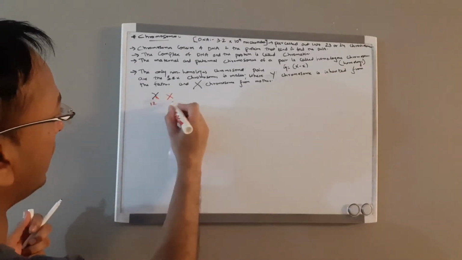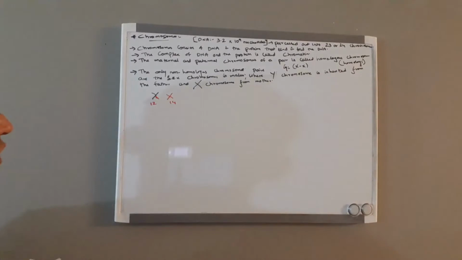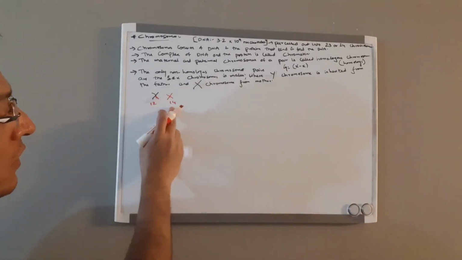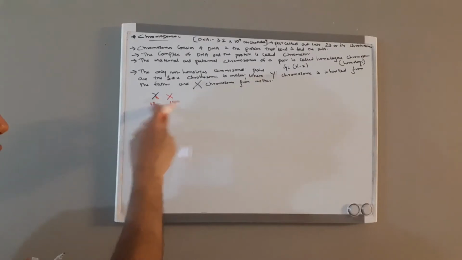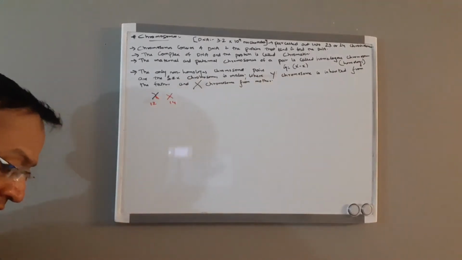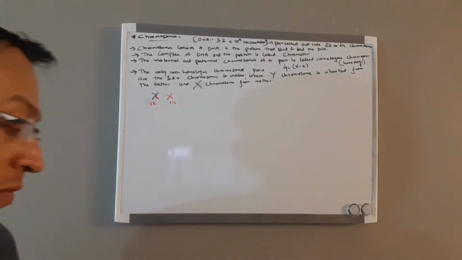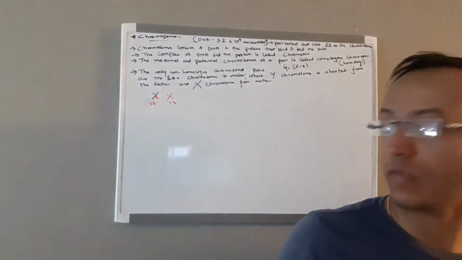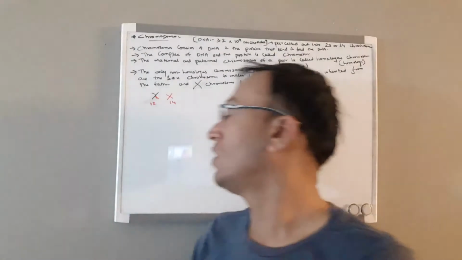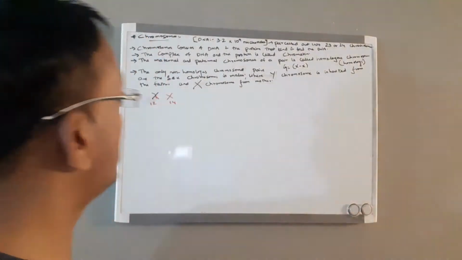So this is 12, and for example, this is 14. So you can see this 12 has been mutated with the 14, and this is some chromosomal abnormality. This is just for the example. All right, so we saw what the chromosome consists of.